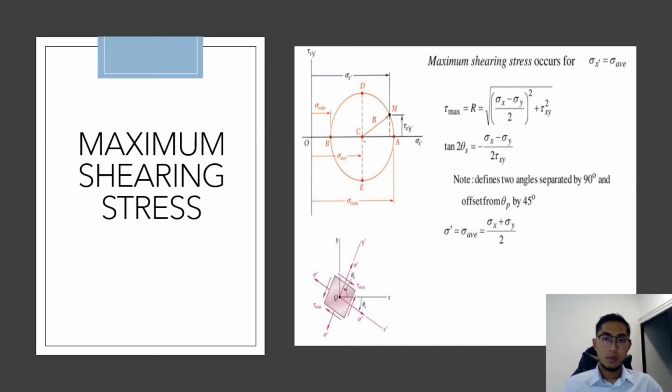So in order to solve this question, we also can use this formula, which is sigma prime is equal to sigma average is equal to (sigma x plus sigma y) per 2.